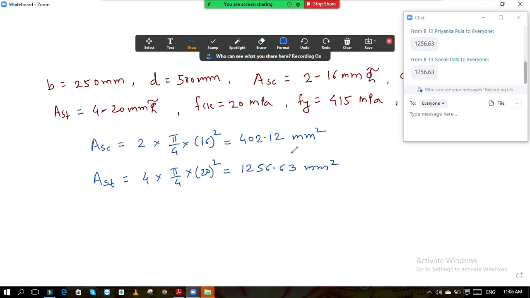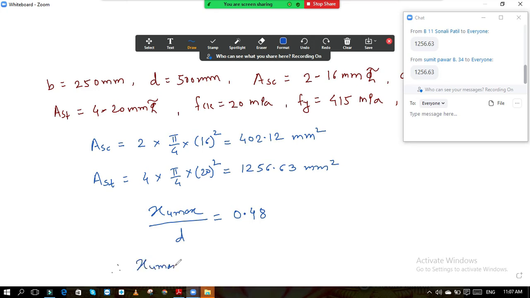Now again from IS 456 2000 page number 70, we know the XU max by D ratio when the grade of steel is Fe415. So when the grade of steel is Fe415, then XU max upon D ratio is 0.48. This is given in the IS code. You can verify this. So now from this you can calculate the value of XU max.